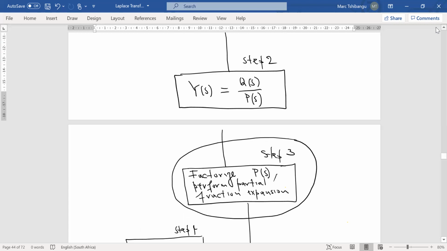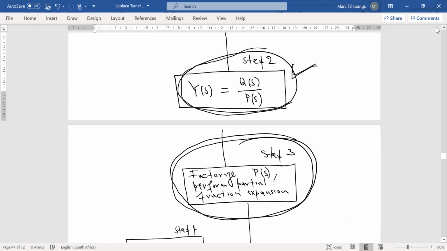The reason is that if step two yields expressions or functions that can be found as an entry in the condensed tables of Laplace transforms, you can inverse Laplace directly, skipping step three. Step three has been designed to rearrange the functions so that they find entries in the tables of Laplace transforms.